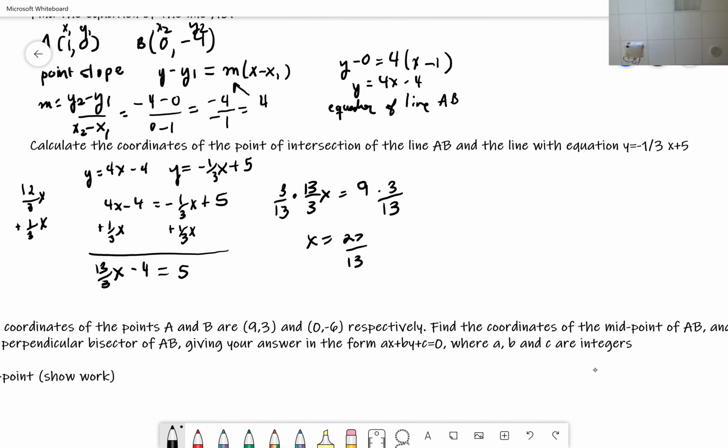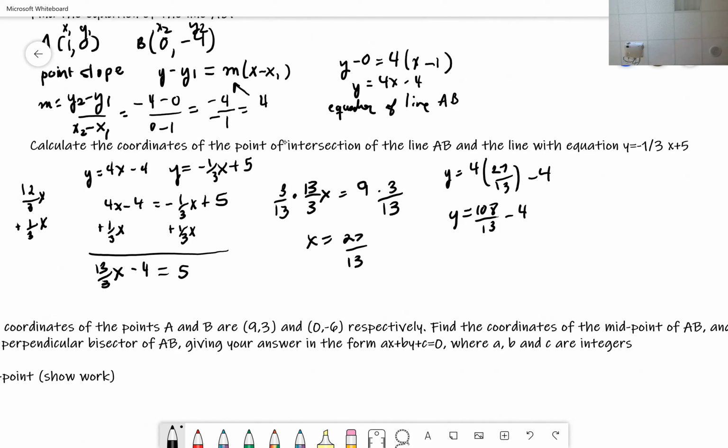And then now I go through the trouble and figure out the other value, which you just substitute. You go ahead and pick your poison. I'll do the nicer one. 4 times 27 over 13 minus 4. 27 times 4 equals 108. 108 divided by 13, not pretty numbers, minus 4.